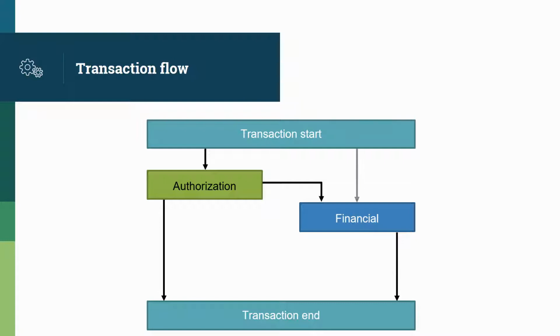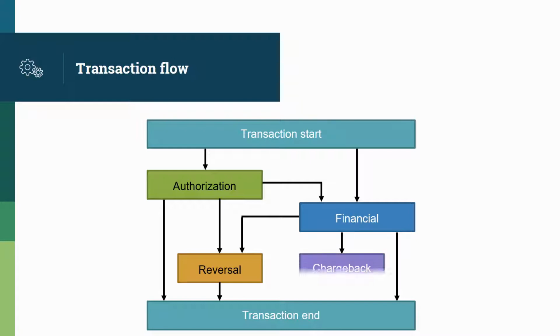The transaction can take the form of a single pair of financial request and response messages. Both authorization and financial transactions might be reversed, partially or fully, which leads to the end of the transaction from the point of view of ISO 8583. And financial transactions may be followed by a chargeback message. And this is the whole picture.